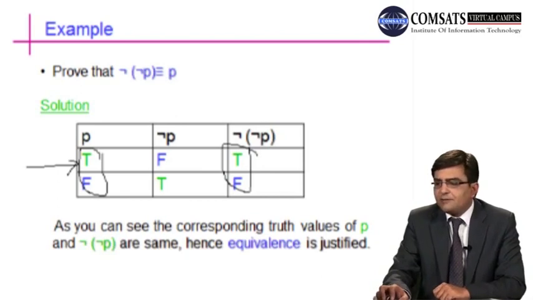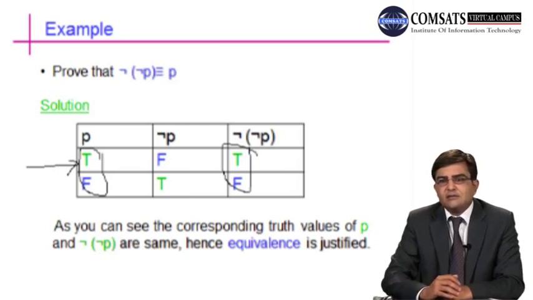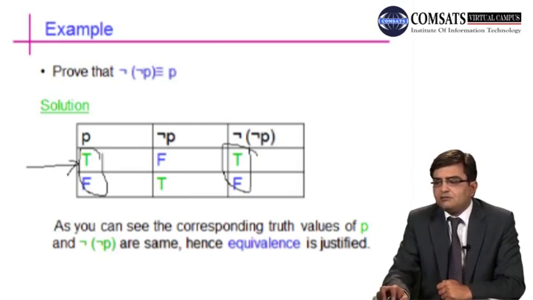Now if we compare the two columns, we can see clearly that in the first row both truth values are the same. Here we have true, and in the second column the first row is also true.